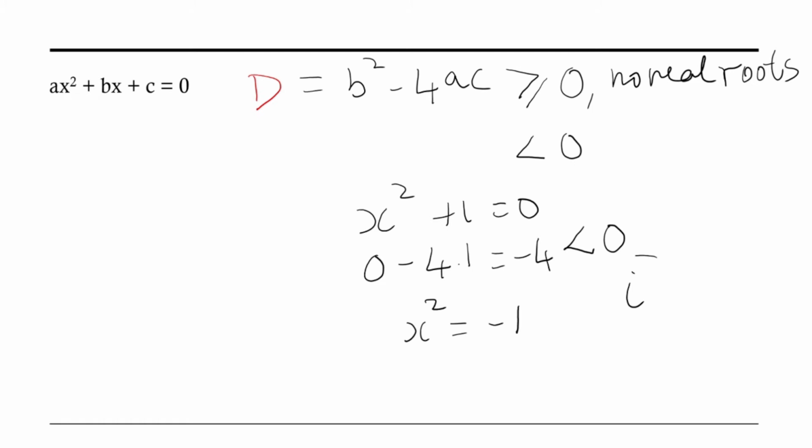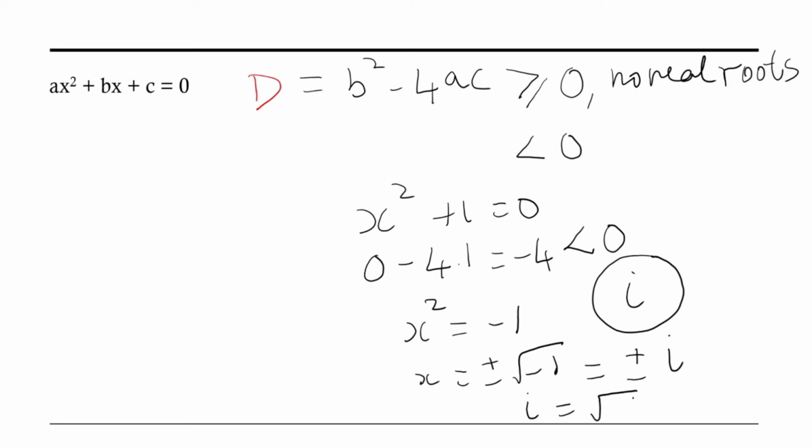So, i signifies imaginary numbers or complex numbers. Any number which has i, we call an imaginary number. So, the solution for this equation is x square is equal to minus 1, or x is equal to plus or minus square root of minus 1, which is equal to plus or minus i. So, i is nothing but square root of minus 1.